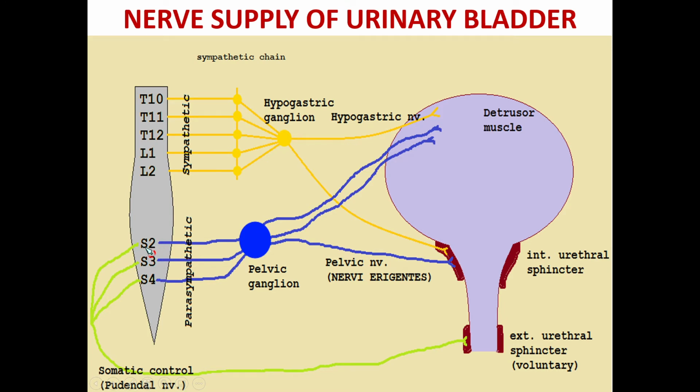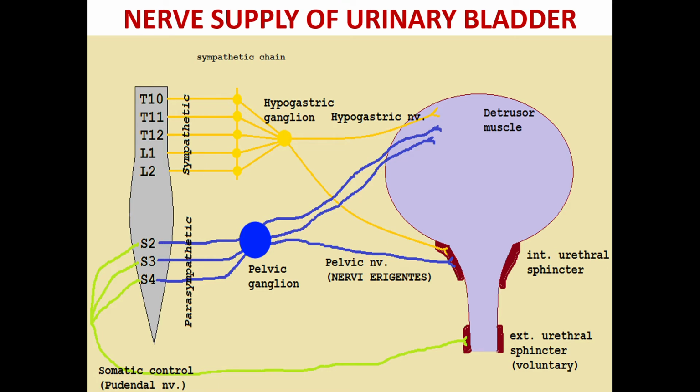Here you have the reflex center for micturition, known as the micturition reflex center. They originate from this area and join a pelvic ganglion, from where the pelvic nerves originate, which are known as the nervi erigentes. The pelvic nerves come out and supply the detrusor muscle and your internal urethral sphincter. So your internal urethral sphincter is supplied by both the sympathetic and the parasympathetic nerves.